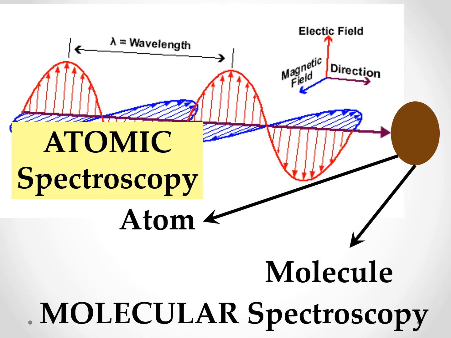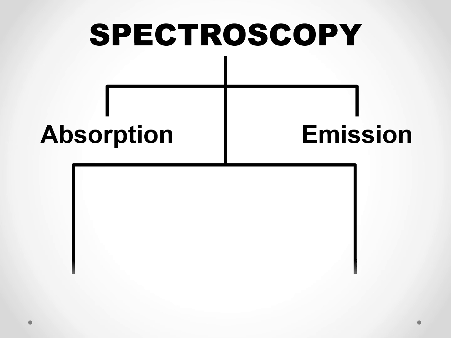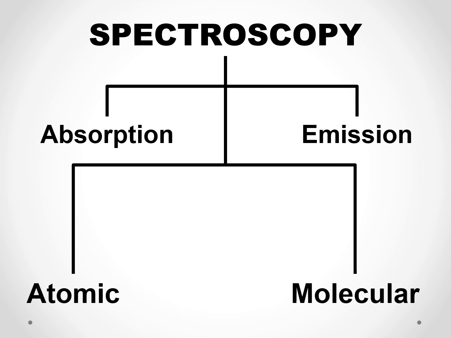So combining these two, let us see. Spectroscopy is classified into absorption and emission spectroscopy based on the radiation, whether it is absorbed or emitted, and atomic and molecular spectroscopy based on whether atoms or molecules are involved in this technique. Okay. So if you combine these, we will get four different techniques.